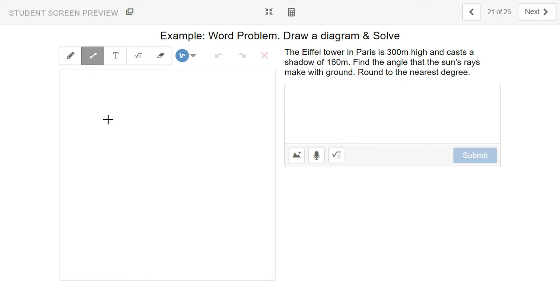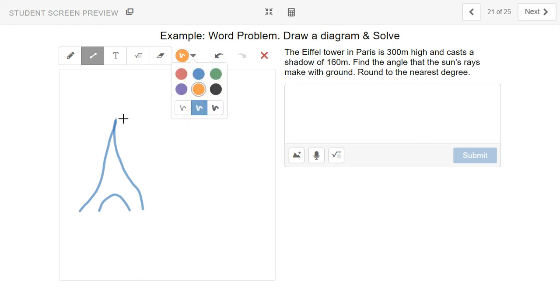Let's draw this. I'm going to attempt an Eiffel Tower, but I'm going to say I am no artist. Maybe we could say that's our Eiffel Tower. Now let's represent the Eiffel Tower by a straight line.